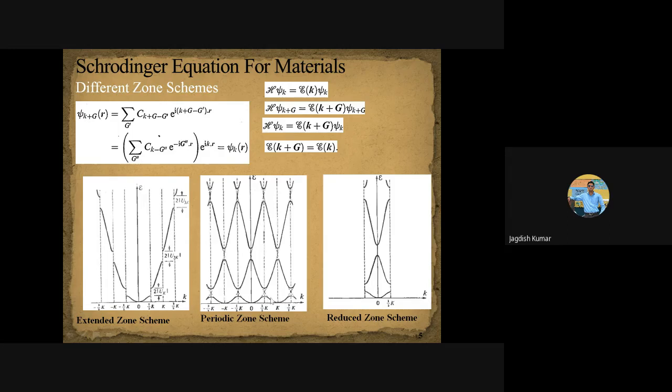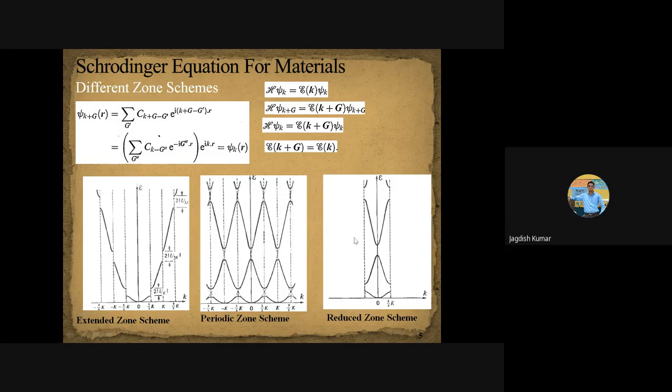Right, the second Brillouin zone is from here to the positive side and minus to this side. So similarly, if I want to get the information from the second Brillouin zone back to the first Brillouin zone, then I have to subtract G. So the whole idea is actually this fundamental target, which is the reduced zone scheme.